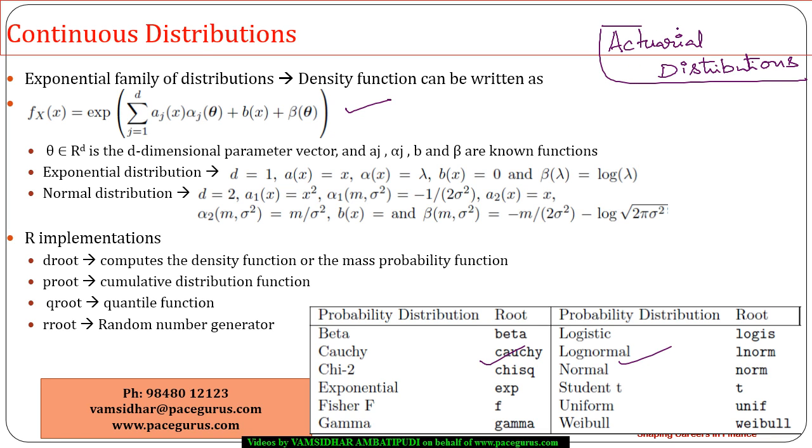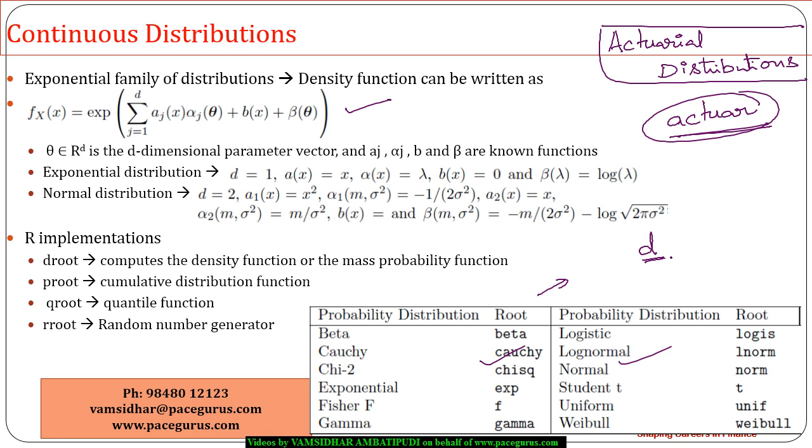I'll talk about them in the next slide. But just to give you an input, actuar is the name of a package which contains quite a good number of actuarial distributions, right? But yes, these are all present as a part of the base package itself. And as we have discussed earlier also, all of them have these four implementations.